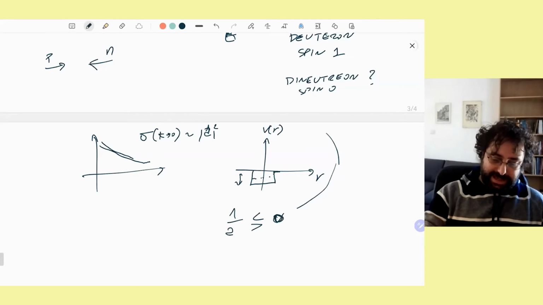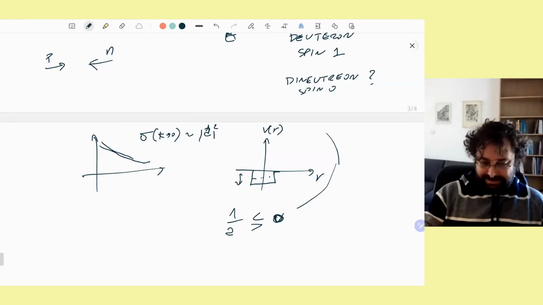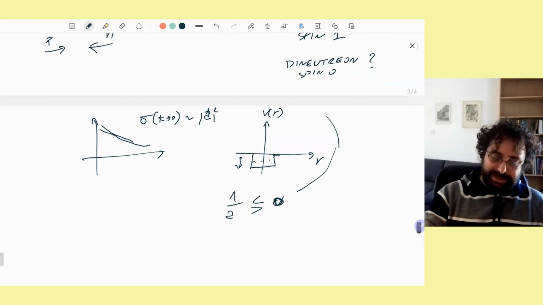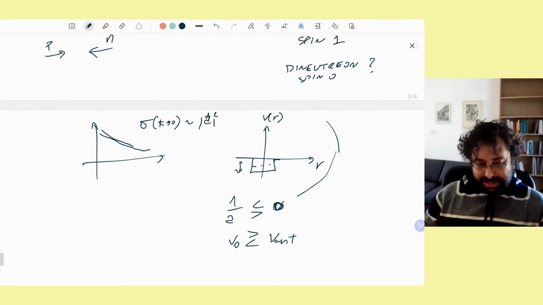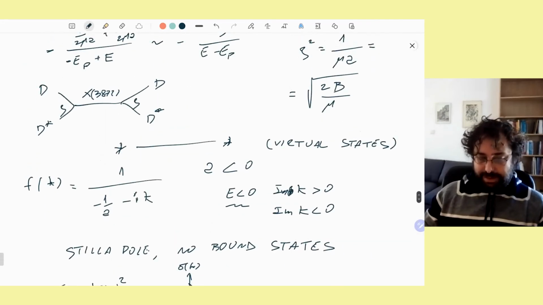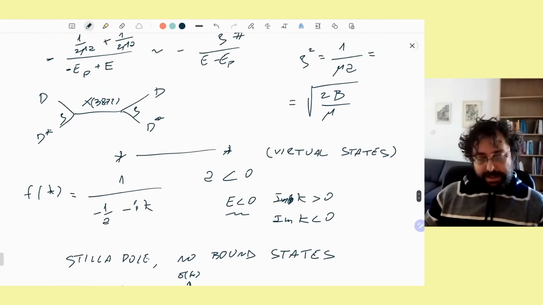So the sign of this depends on whether the depth of the well is smaller or greater than the critical value that gives you the bound state. Okay, so depending on this, you can actually get different signs for the scattering length and similar effects in the scattering.